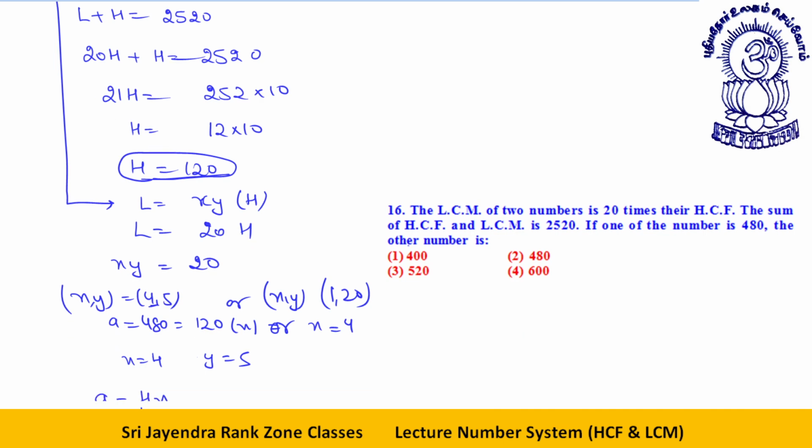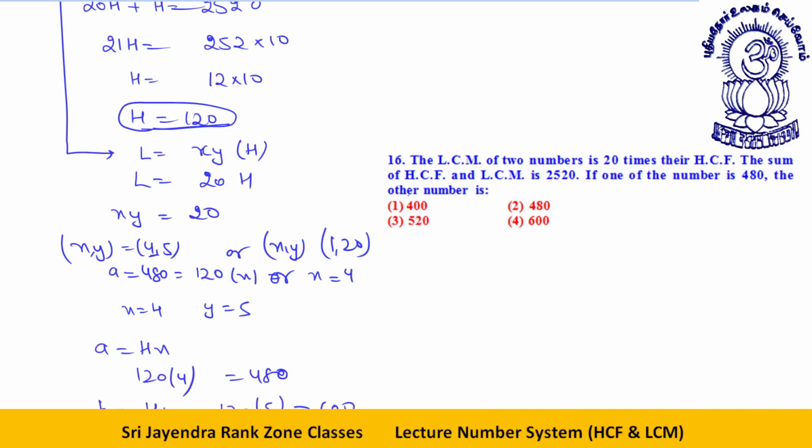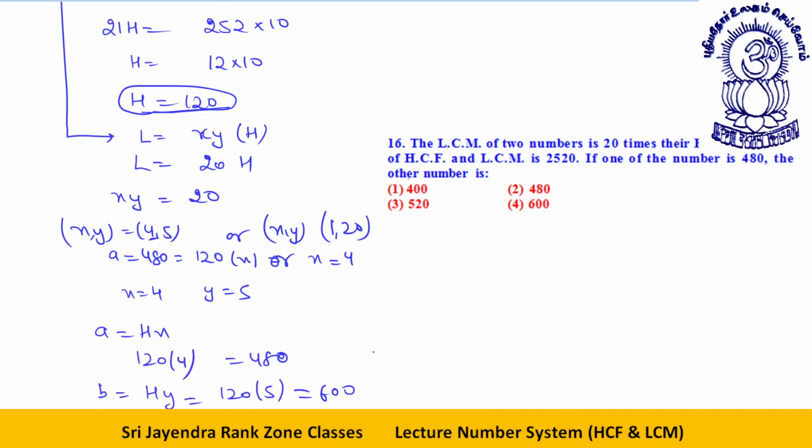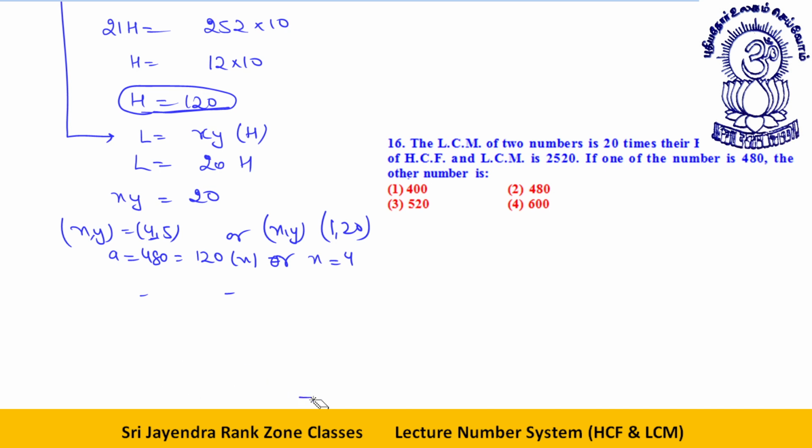This is the only possible way. Now let's look at the next number. If X is equal to 4, then Y is equal to 5. B is equal to HY, H is 120, so 120 into 5. This gives you 600. This is your answer.